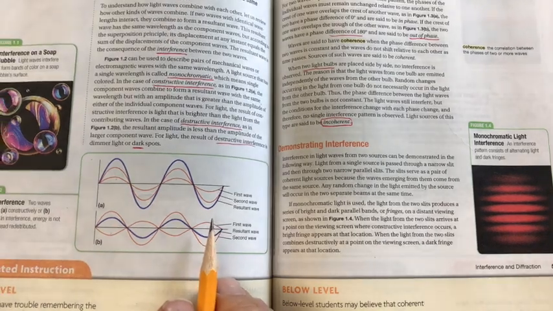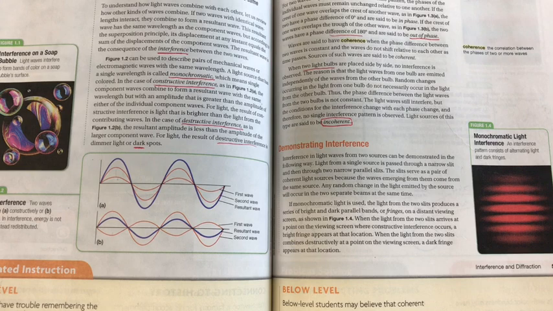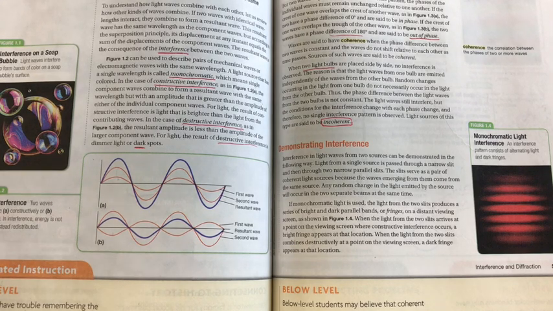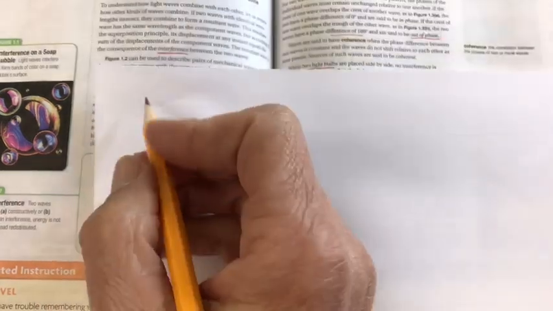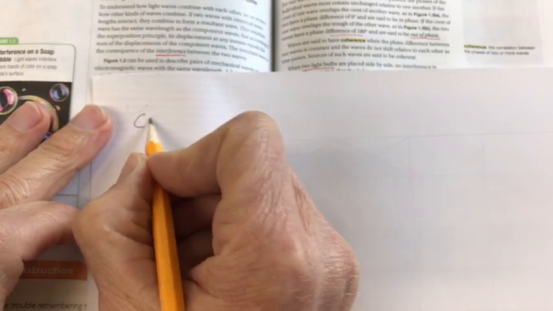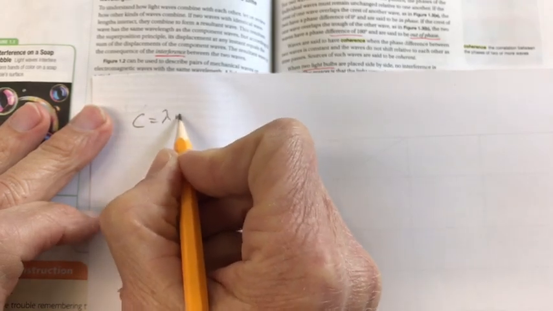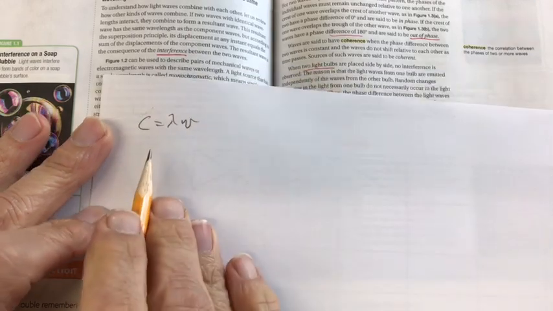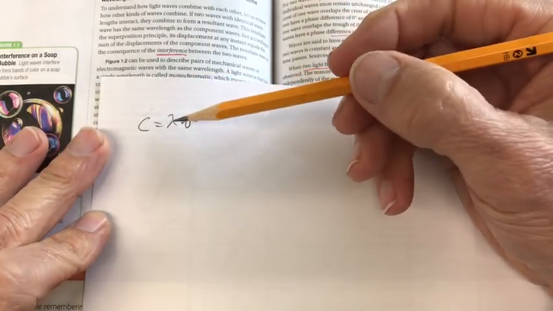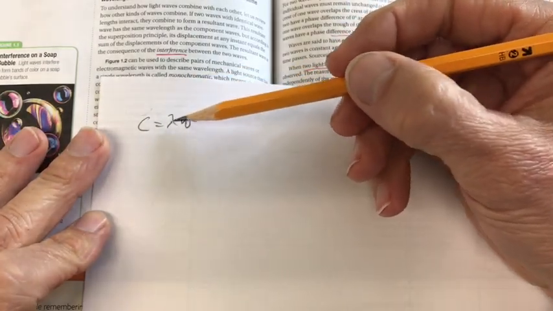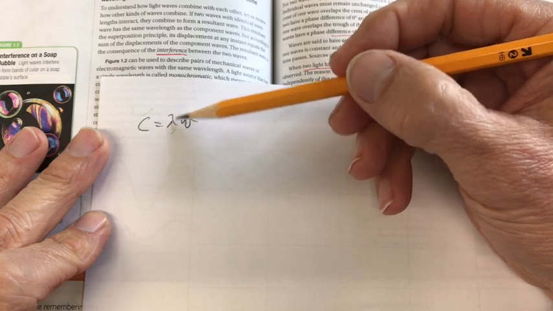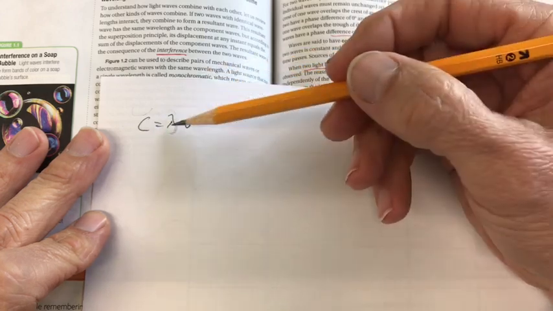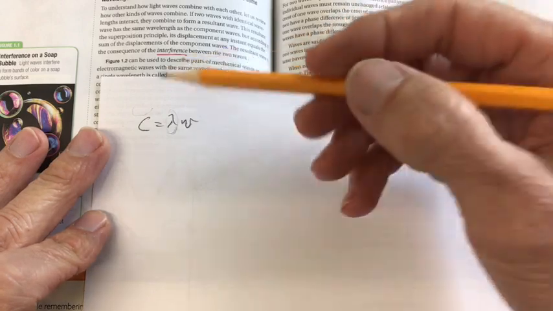You'll remember that we have an equation for light, and that equation is c equals lambda v. c being the speed of light, and the wavelength and the frequency are related to the color. So sometimes we say the wavelength is the color, but if you change the wavelength, you also change the frequency.